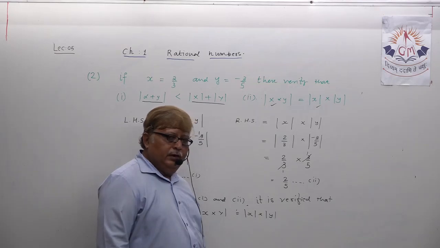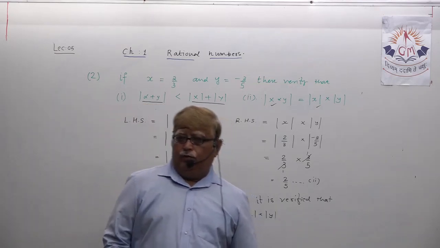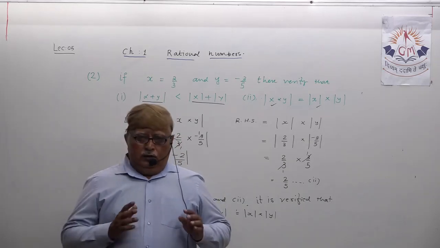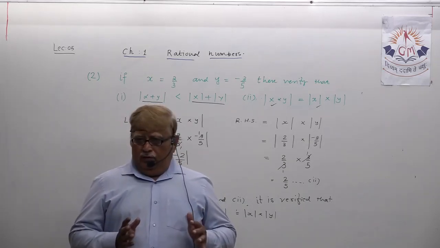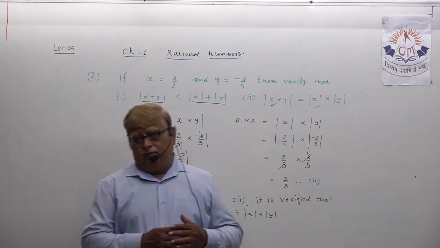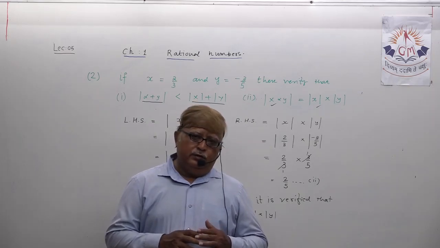It can be rational numbers A, B, P, Q, whatever is given to you, but as a general you can take A and B. How will you remember it regarding two rational numbers?